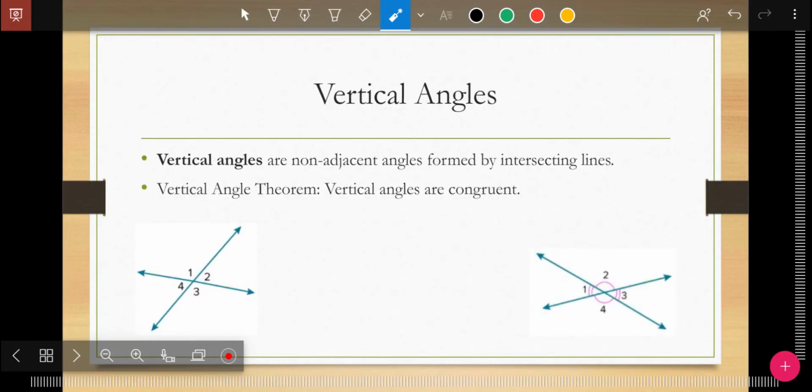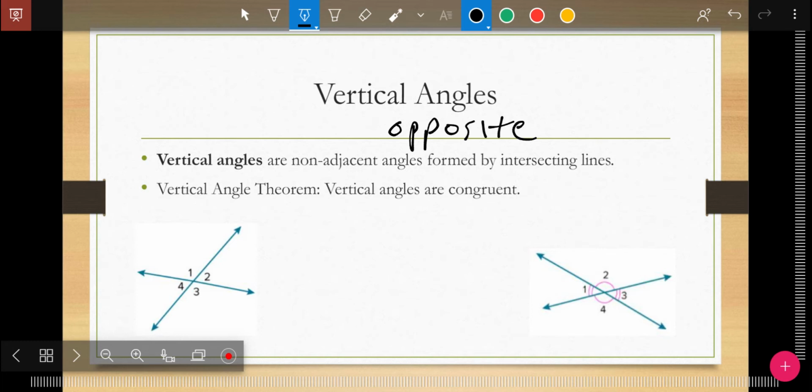Vertical angles are non-adjacent angles formed by intersecting lines. A lot of times I talk about vertical angles as being opposite. If we were in class, I would say it's like you're facing away from each other, butt to butt with each other.